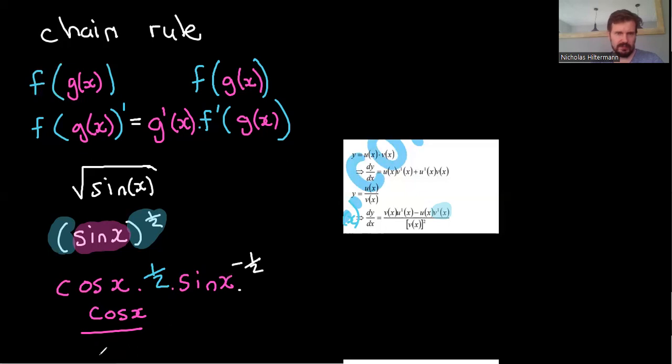This, when it goes to the bottom, becomes to the positive a half. So I could tidy it up and say cos x over 2 square root of sine x. I'll do a slightly less complicated one.